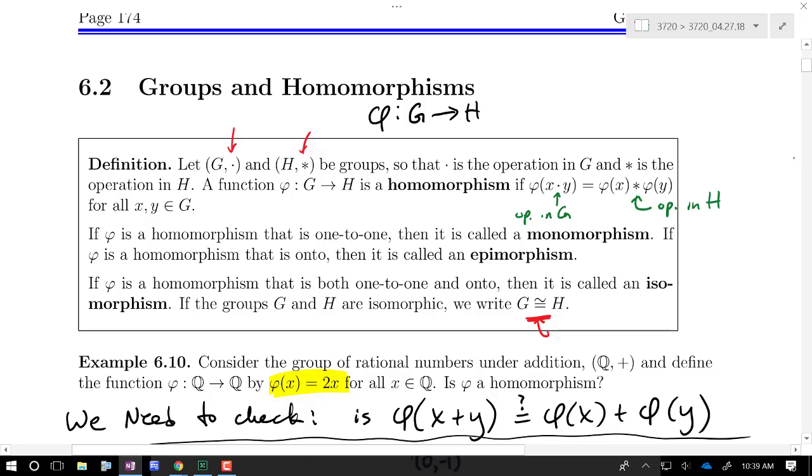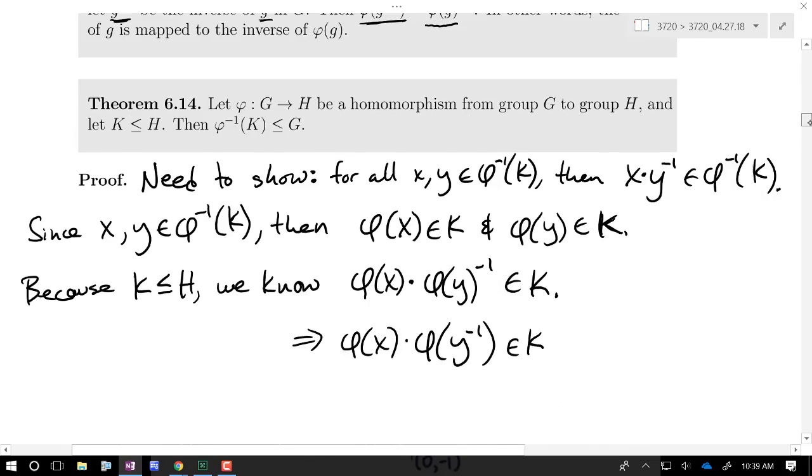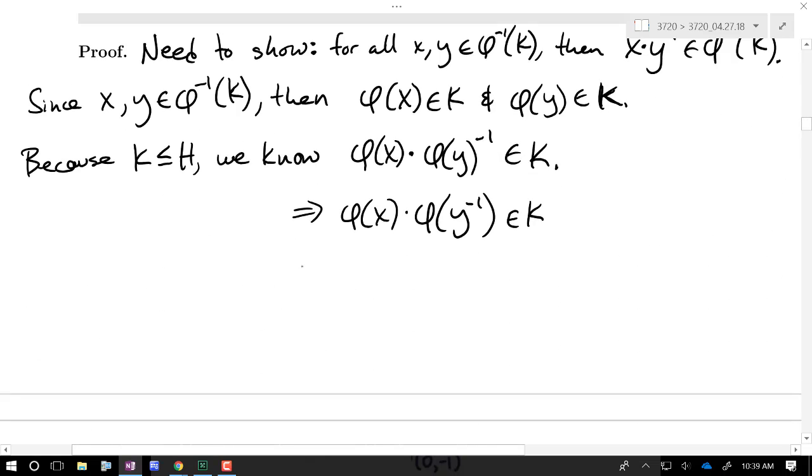We can perform the operation inside the function itself. So this product is the same as phi of x y inverse, because phi is a homomorphism. In fact, both of the last steps just used the definition of a homomorphism.